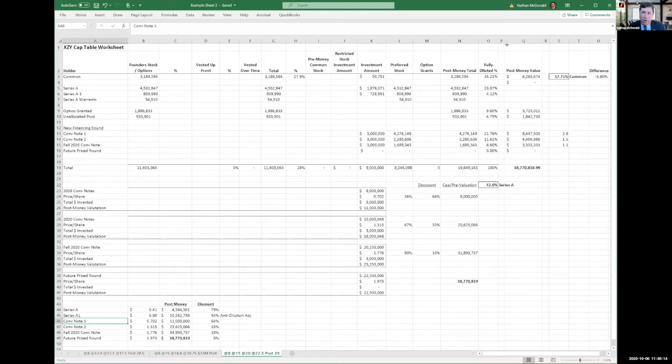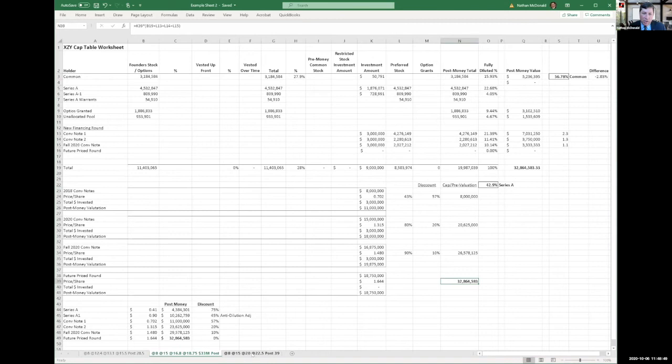So it's up about 12 million, but the difference in terms of the valuation dilution effect for the founders is less than 4%. So it costs the founding common and Series A holders 3.8% if they wanted to go from a post money of close to 40 million down to a post money of 28 million. So the question they've got to ask themselves is, is that worth it? Because obviously it's going to make the funding easier if they end up dropping their valuations down.